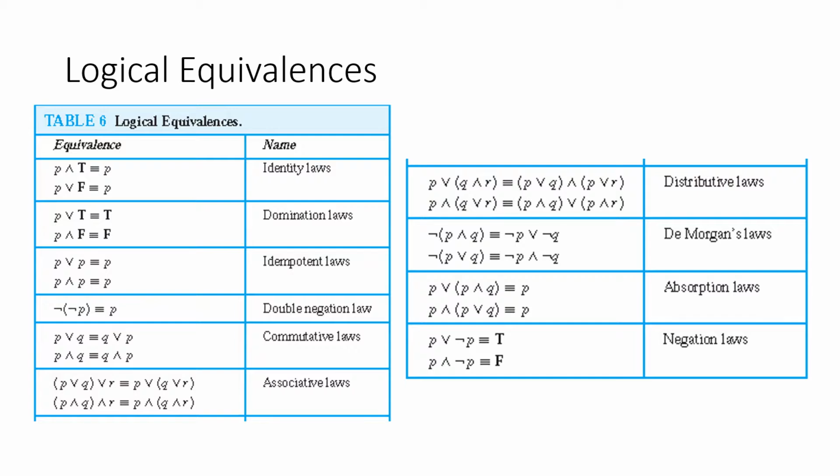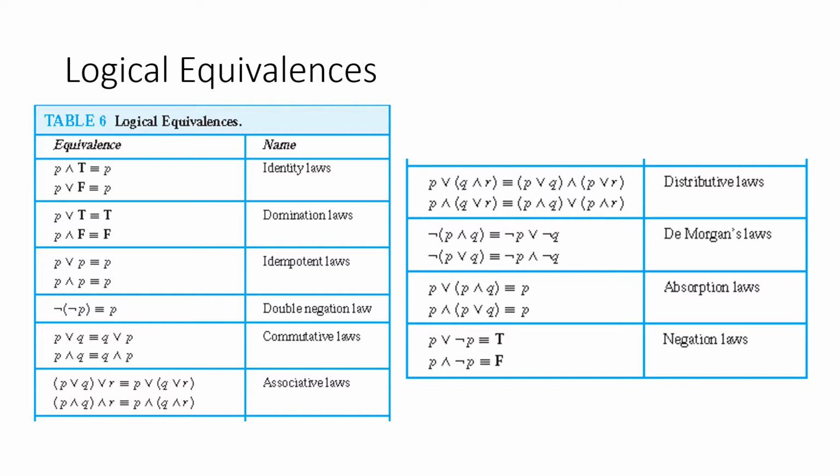If you have the negation of the negation of P, that is P. Then you have P or Q, which is logically equivalent to Q or P. Then P and Q is logically equivalent to Q and P. Now you have the quantity P or Q, or R, which is logically equivalent to P or the quantity Q or R. That's the associative law.